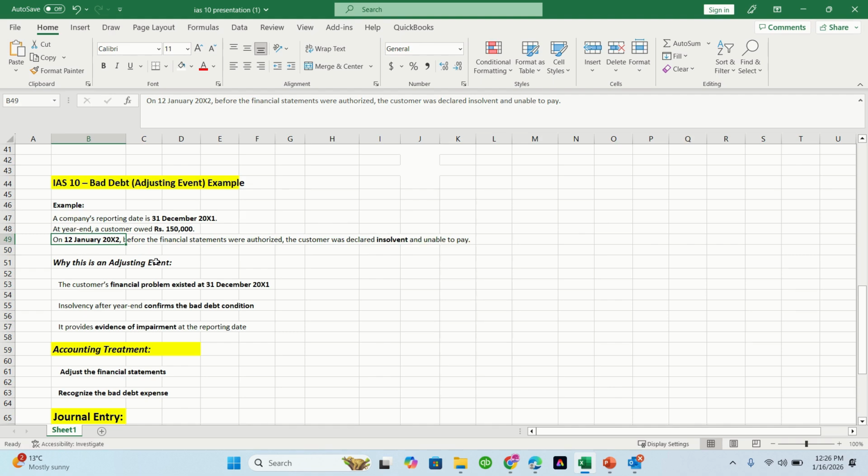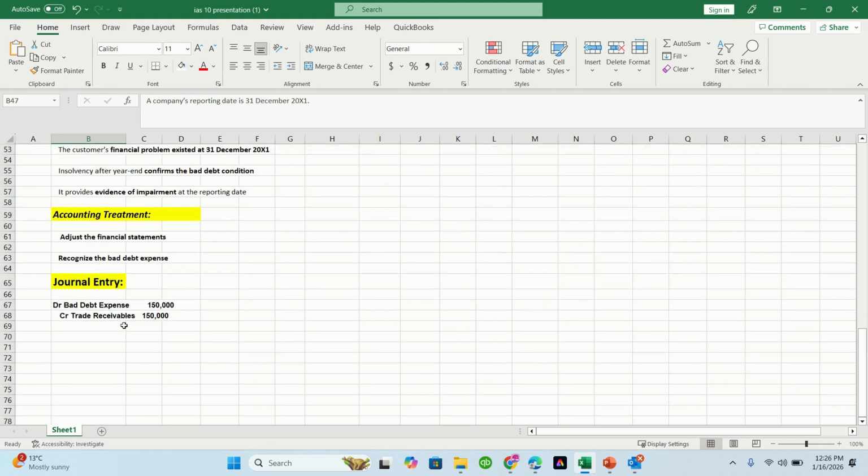Why is this an adjusting event? Because the condition existed at year end. The customer's financial problem existed at year end, at 31st December. Insolvency after year end confirms the bad debt condition. It provides evidence of impairment at the reporting date.